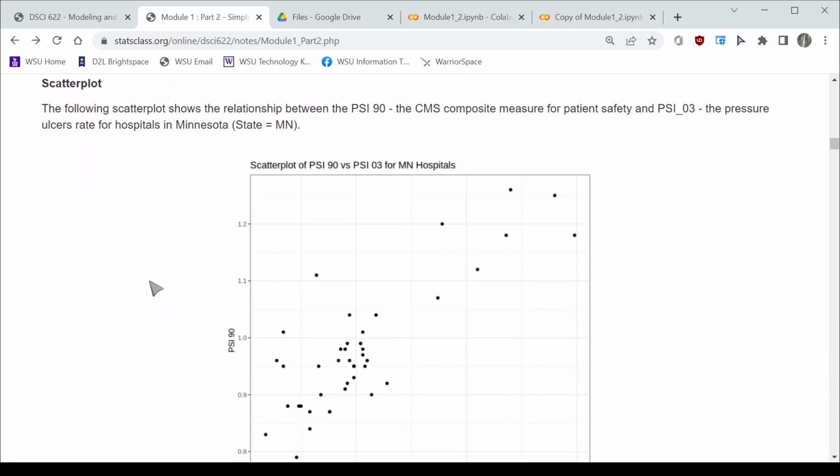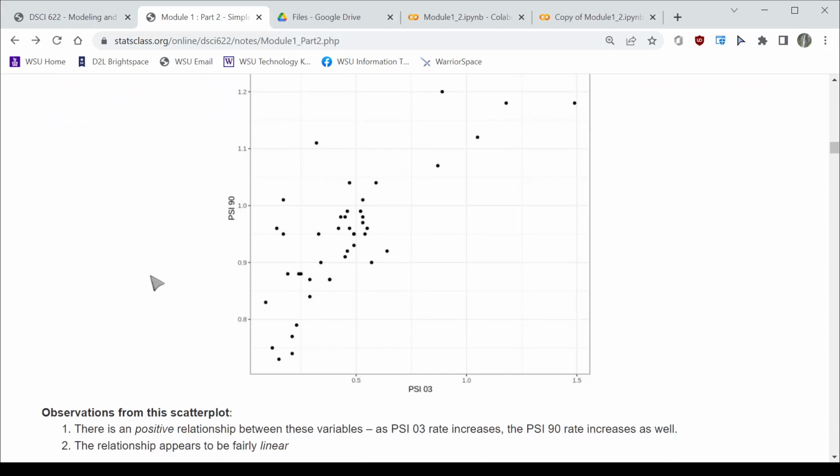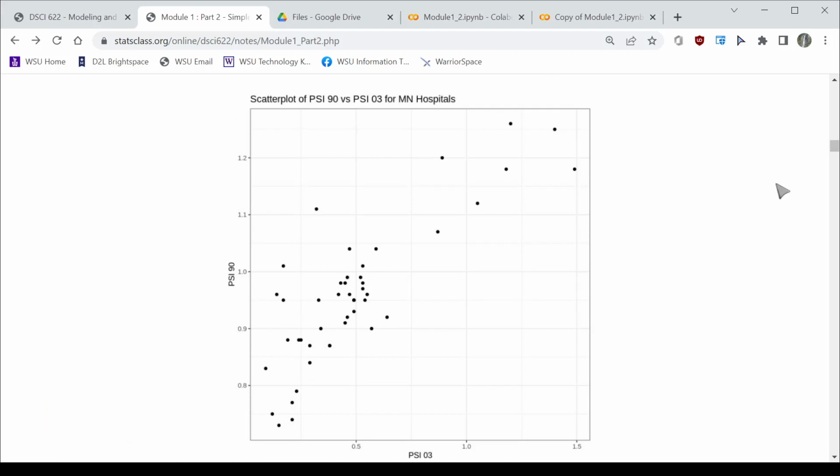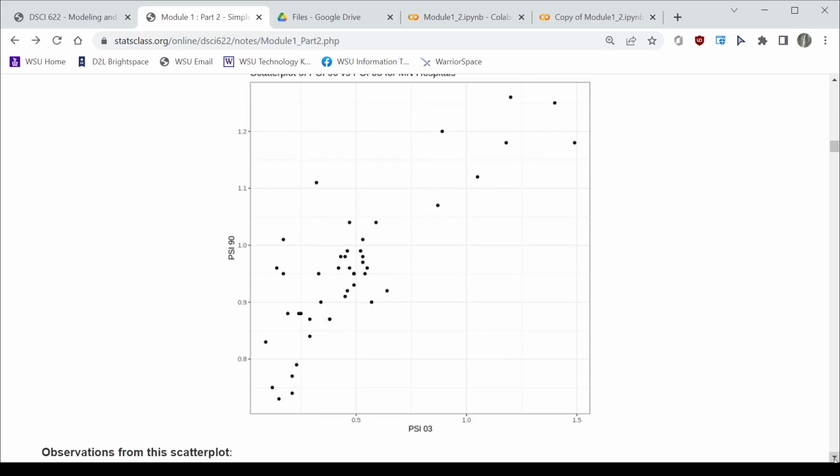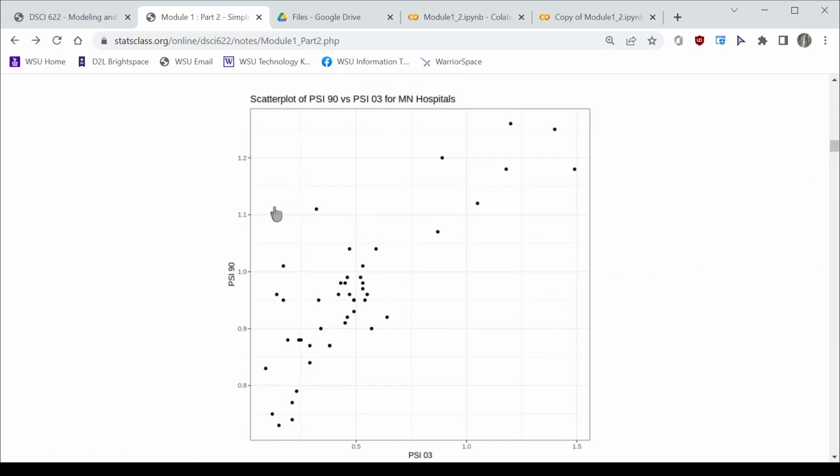Okay, let's look at this scatter plot. That's the first thing that we usually do when we begin a regression analysis, is just to visually look at the data. On the scatter plot, the y-axis is always the response variable, and the x-axis is always going to be your predictor variable.